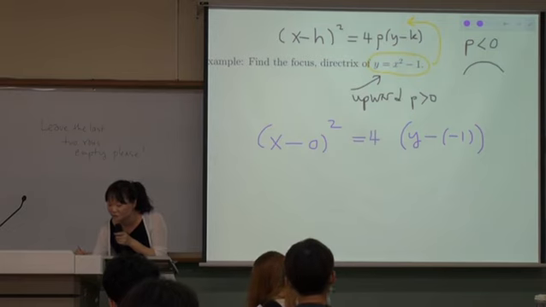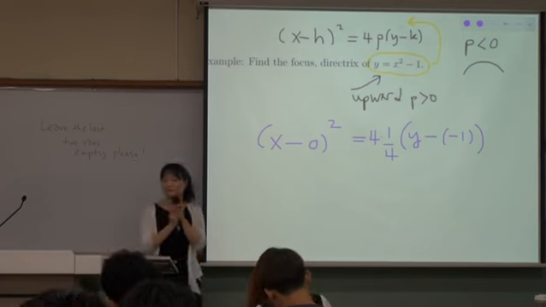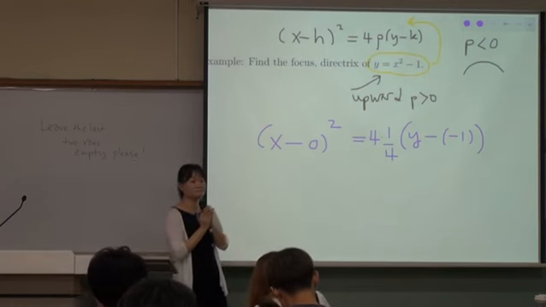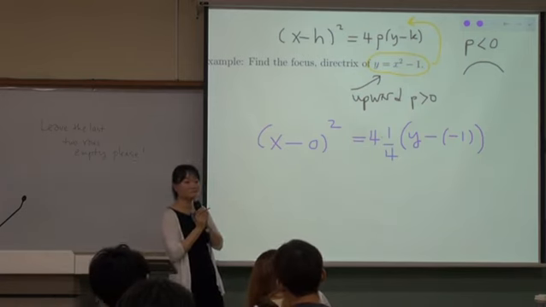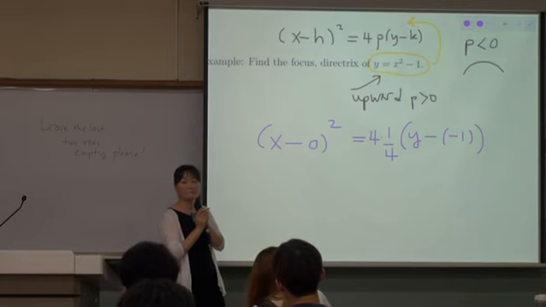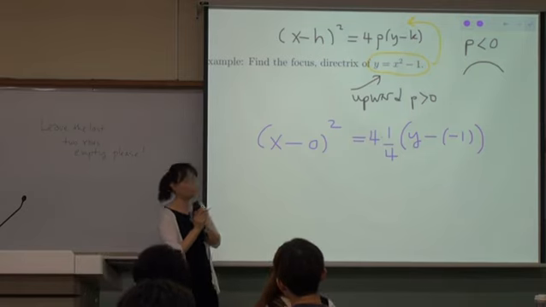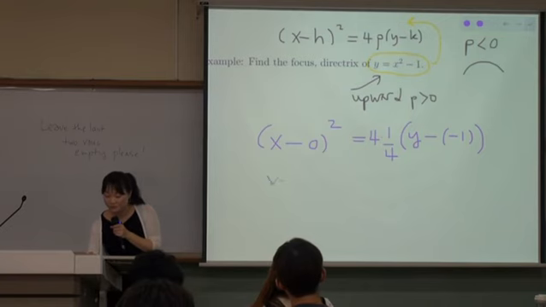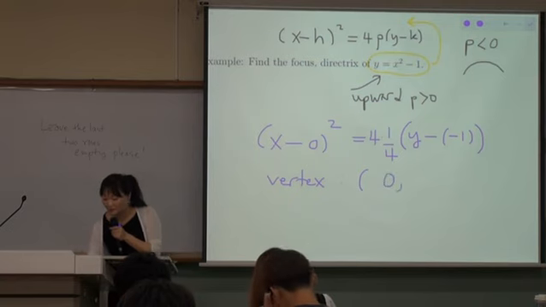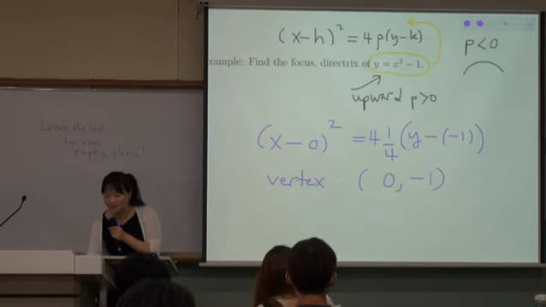P is positive, so what do we need? 1 over 4, exactly. So what's the vertex? (0, minus 1). Exactly.